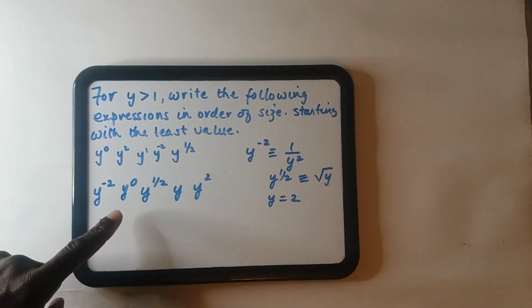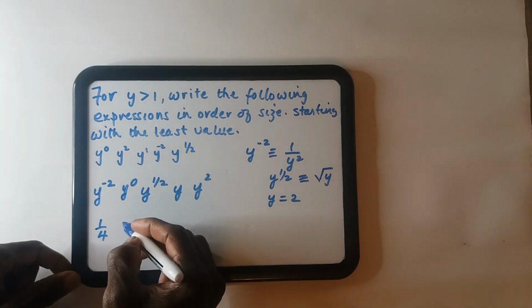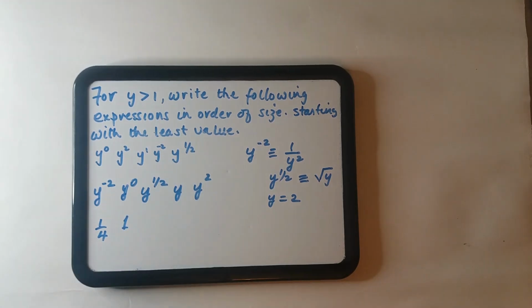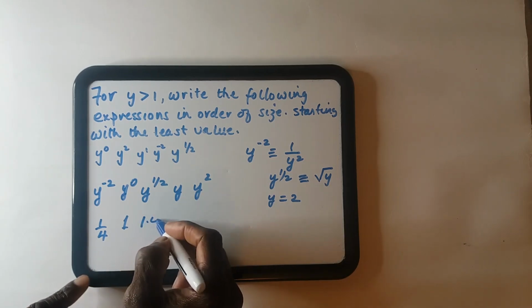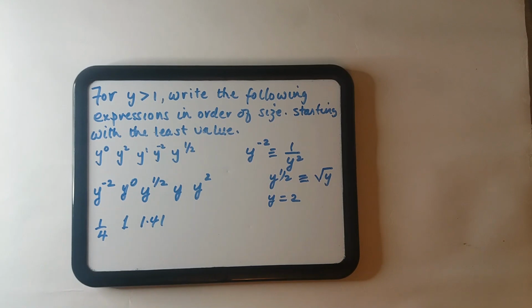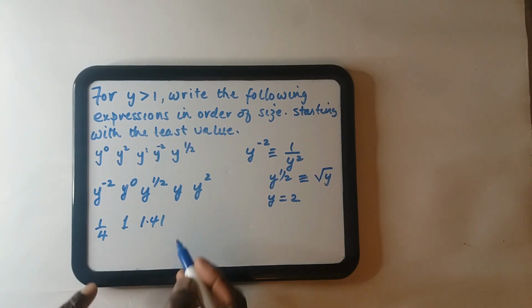Y to the 0, 2 to the 0 is 1. The square root of 2, which is y to the half, is approximately 1.41. Y we have as 2.